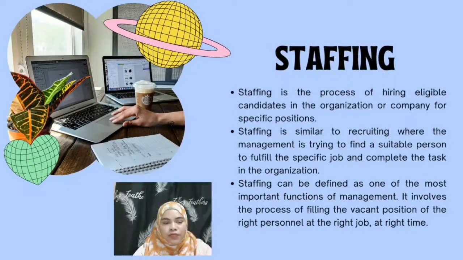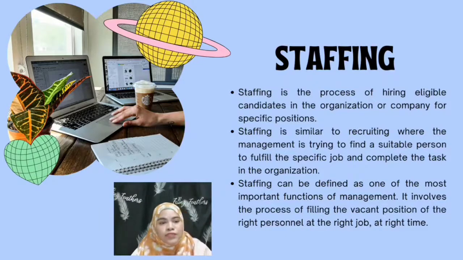Next is about staffing. Staffing is the process of hiring eligible candidates in the organization or company for a specific position. Besides, staffing is similar to recruiting where the management is trying to find a suitable person to fulfill the specific job and complete the task in the organization.